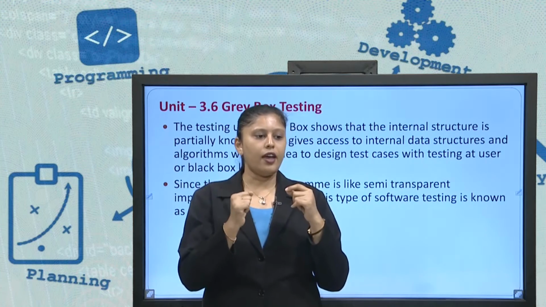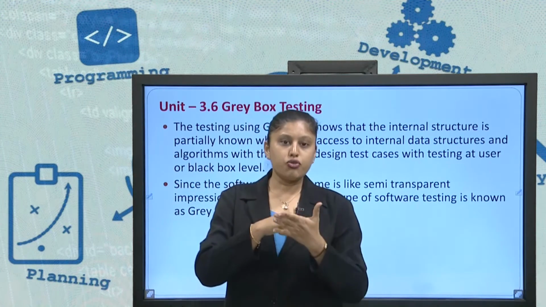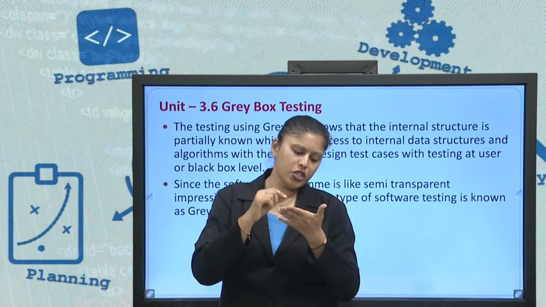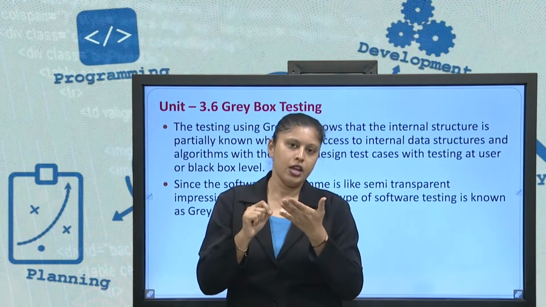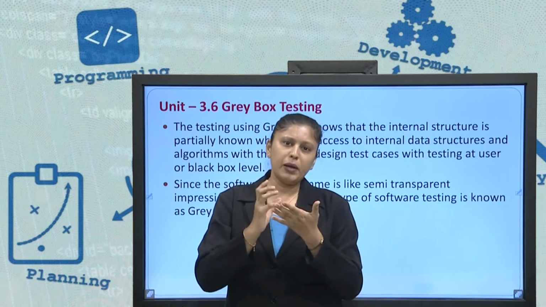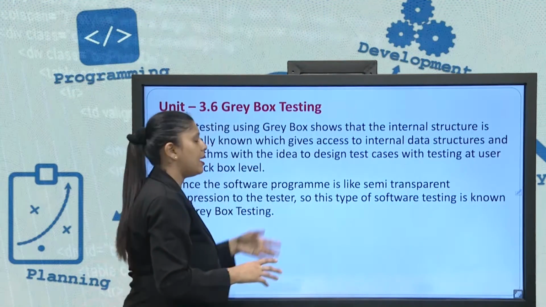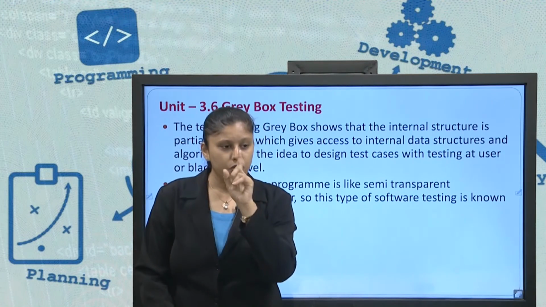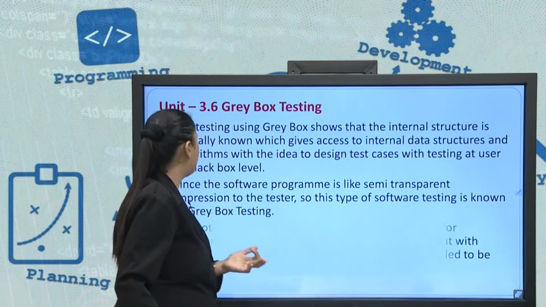Just like when you draw on a semi-transparent paper, you exactly cannot see the drawing, but you can see the outline of it. That butter paper kind of thing, which is semi-transparent, is called Greybox testing, where you know certain things, but you don't know everything of the internal structure, the internal code.